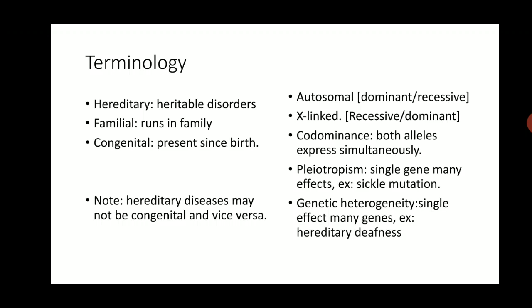Few other things we need to know, but before that I must tell you that not all mutations are heritable. That means not all the changes in DNA which occur in the body can be inherited. Only those changes which occur in the germ cells can be passed on to the next generation, because mutations can also be acquired.